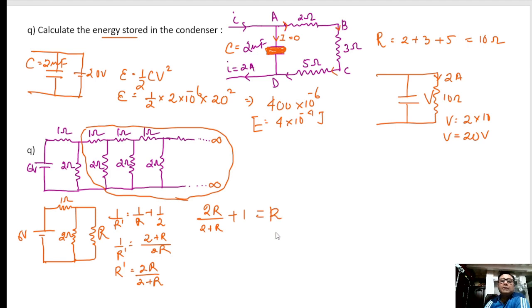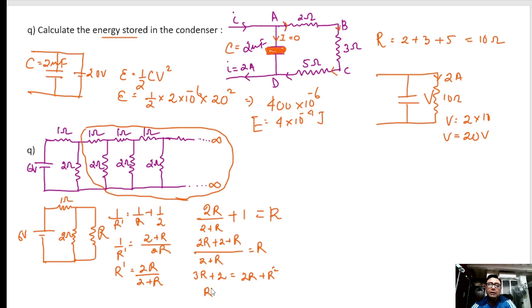And remember, this total resistance is equal to the value R, because this R is very big compared to the rest. So 2R by 2 plus R plus 1 should be equal to R. Let us now do this calculation: 2R plus 2 plus R by 2 plus R is equal to R. That means 3R plus 2 is equal to 2R plus R square.